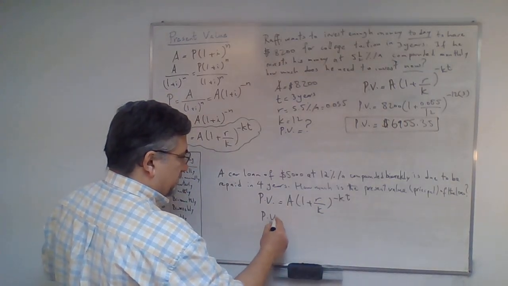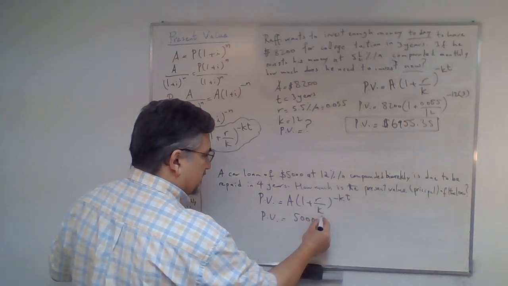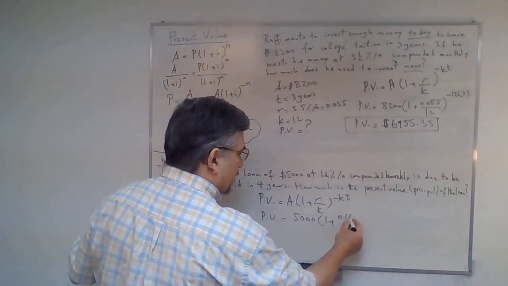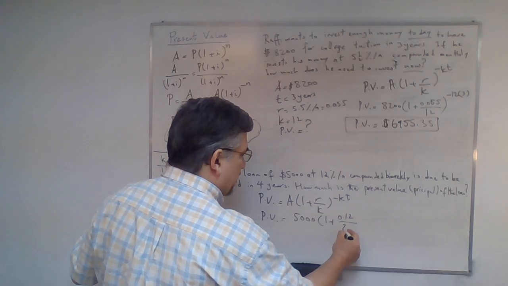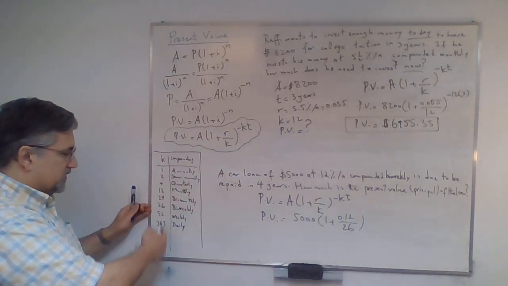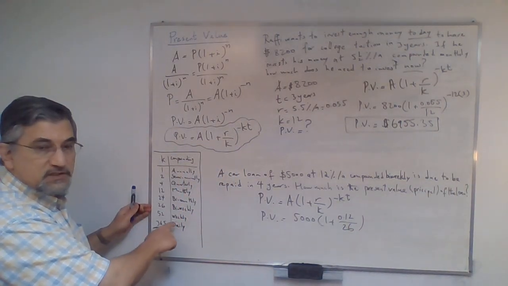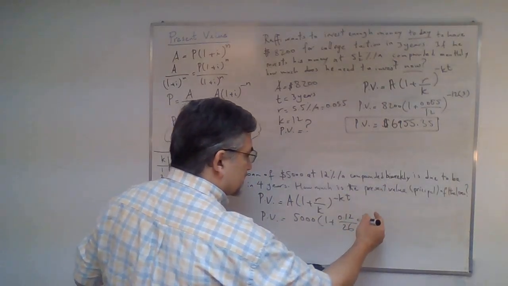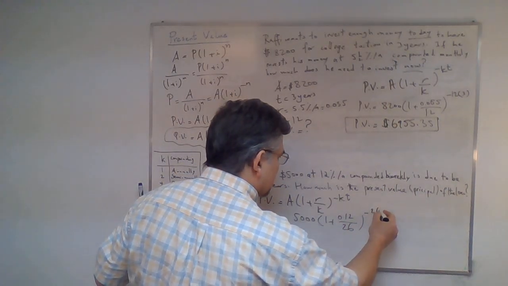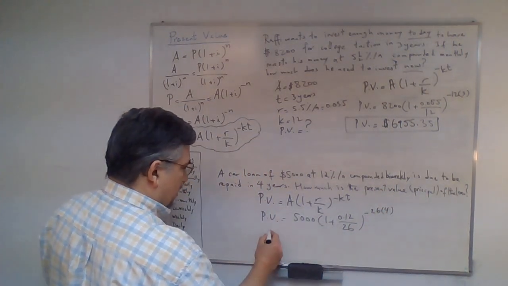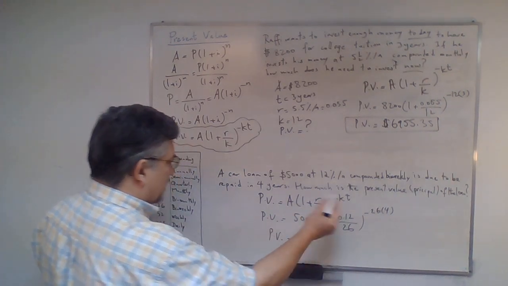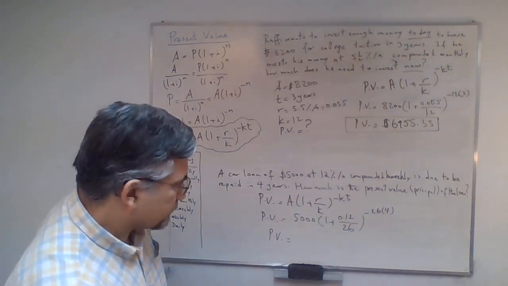Exponent is negative. $5,000 is the amount of the loan. The rate of interest is 12% compounded biweekly. So the chart here says biweekly k is equal to 26. So now the exponent is negative 26 times 4, because this loan is due in 4 years.